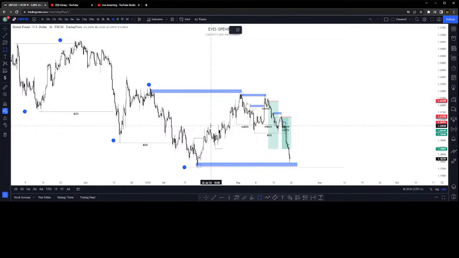Some major point of interest. Note, I won't mark all point of interest. I'll just mark the major ones where mainly either main range structure will form or a protected high will be formed. So those are the point of interest I'll be marking for you. So those other intraday time frame POI, I won't be marking it out for you.